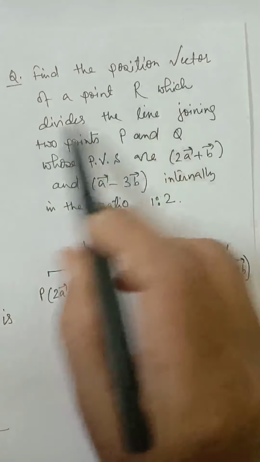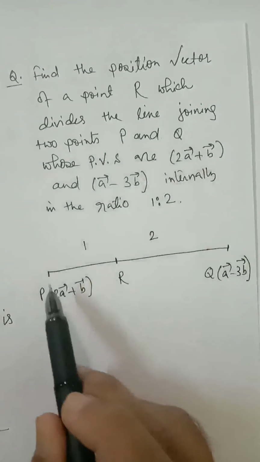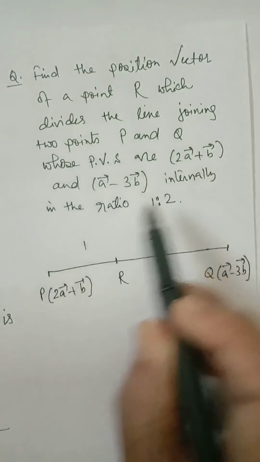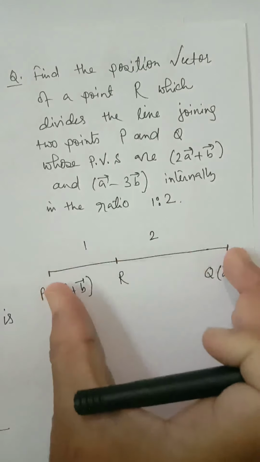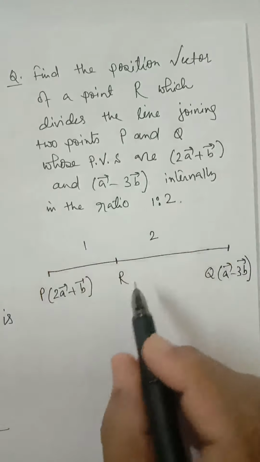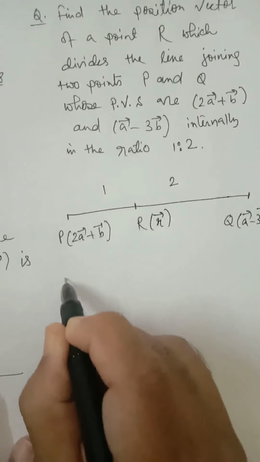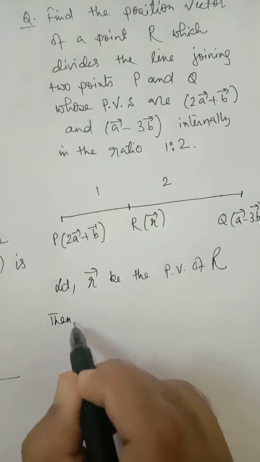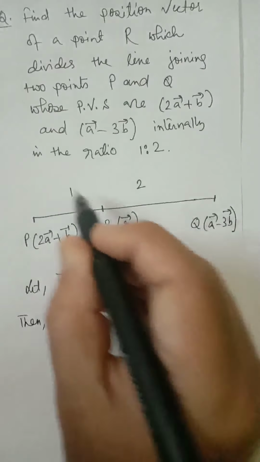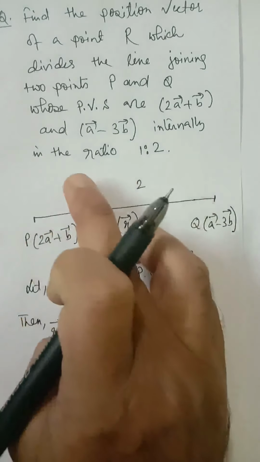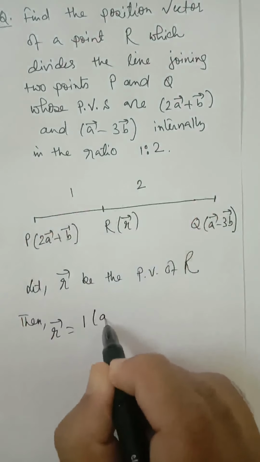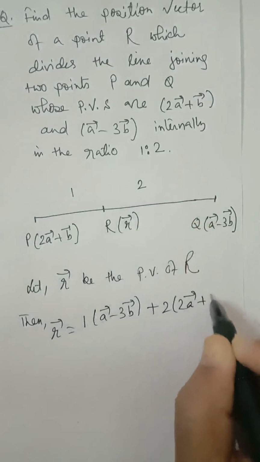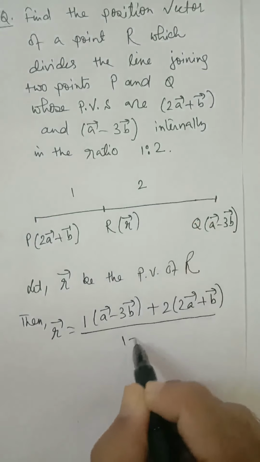So we'll write it in this way. Let R vector be the position vector of the point R. Then R vector is equal to m into b plus n into a, that is, 1 into a minus 3b vector plus 2 into 2a vector plus b vector, divided by 1 plus 2.